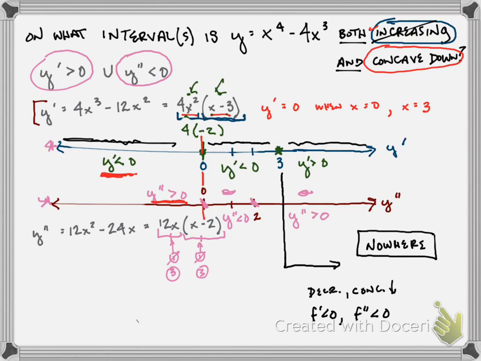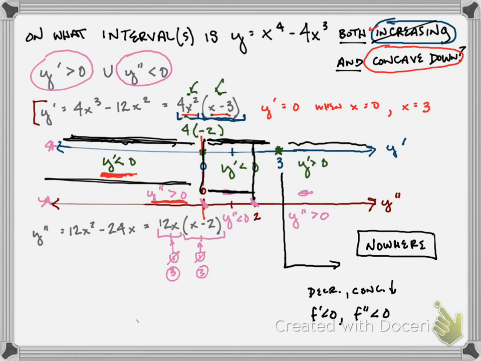Here we're decreasing when x is less than 0. However, we're concave up, so that's out. Here we're decreasing, and the question is, is there anywhere where we are concave down? Well, if you look right here on this interval from 0 to 2, we match. We are both decreasing and concave down.